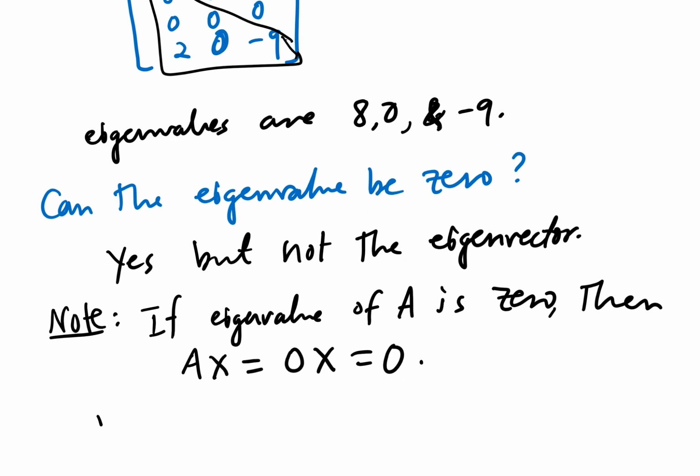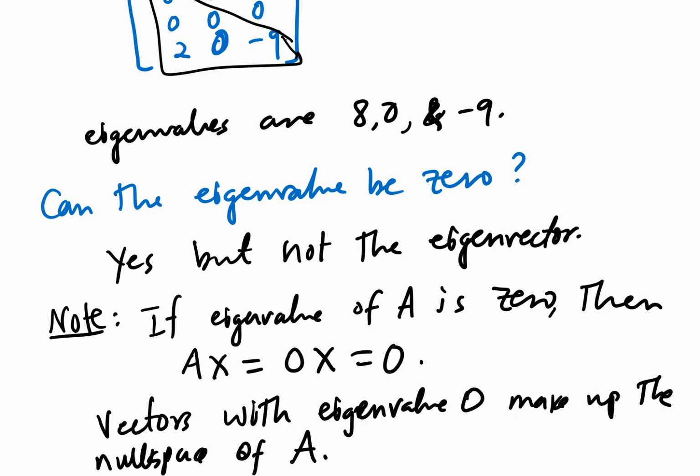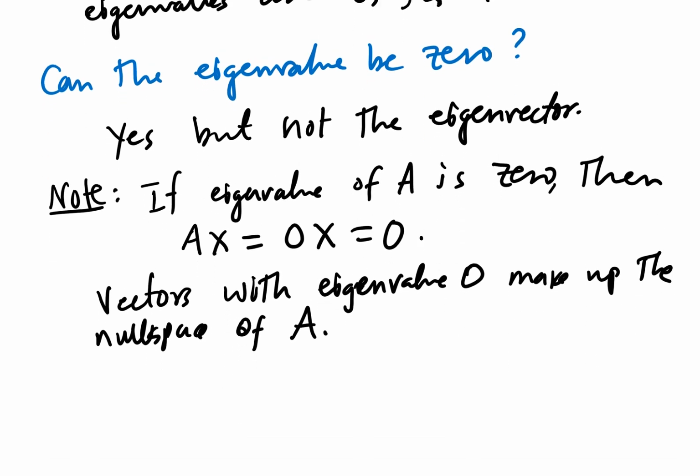So the vectors with eigenvalue 0 make up the null space of matrix A that I spoke about earlier.